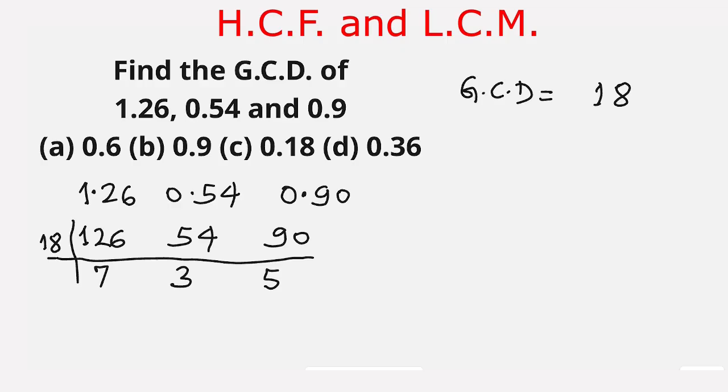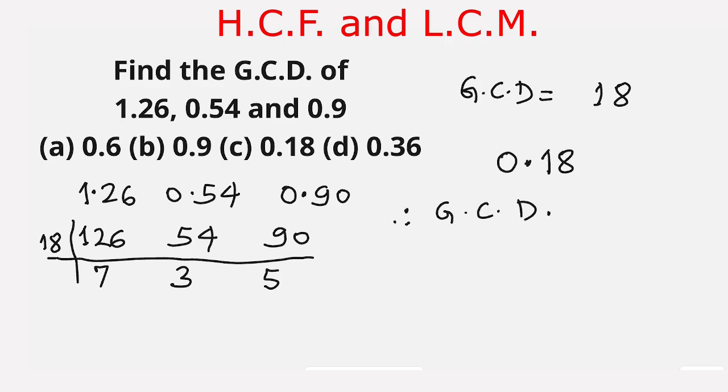So GCD is 18 for 126, 54 and 90. But we have to find the GCD of 1.26, 0.54 and 0.90. And as per the method, we have to put the decimal in such a way so that after the decimal there are 2 digits in GCD. So we will write it as 0.18.